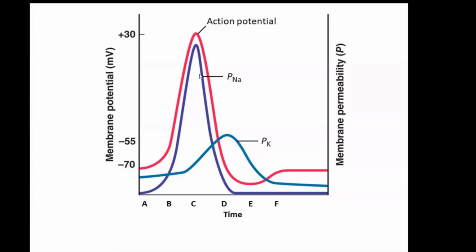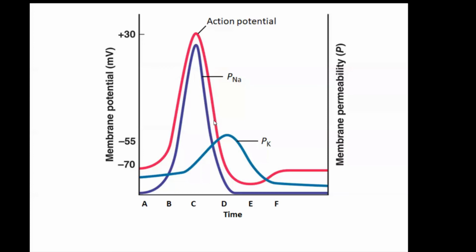So our sodium permeability is going down, which means that less sodium is coming into the cell. Our potassium permeability is going up, which means we have potassium rushing out of the cell, which is why we have this overall action potential, the total sum of the difference in charges across the membrane going down.